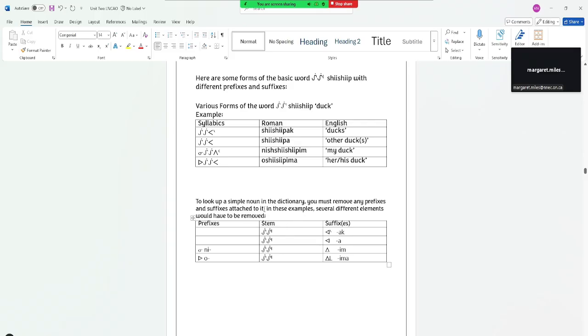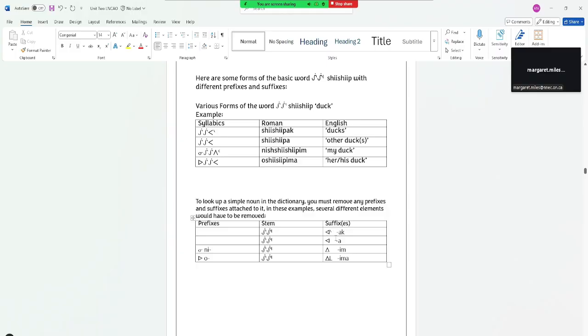So remember, when you look in the dictionary, you just look for the word duck to find a Cree word for shishib. And here are added at the end of the words, which are ak, ak. And here you could see it in the syllabic spelling.